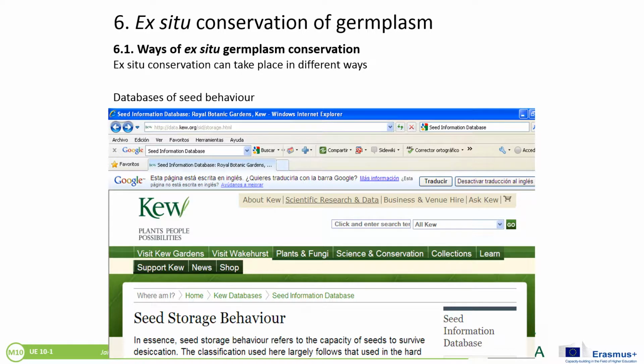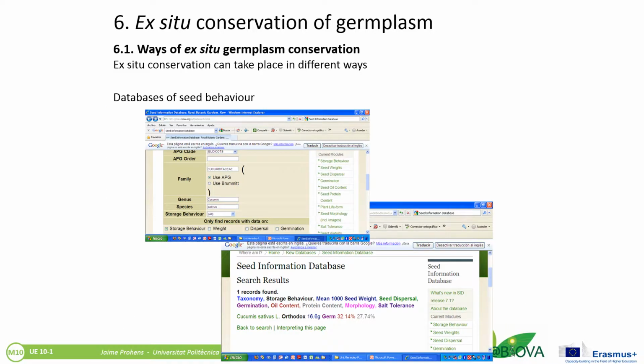It is possible to know which seeds belong to each category by making a search in specific databases, like the one of Kew Gardens. In this slide, we can see the results of cucumber seeds, which are orthodox.